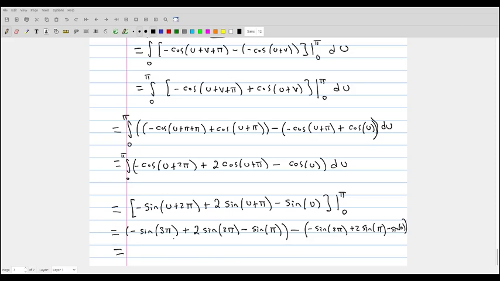And sine of 3 pi is 0, sine of 2 pi is 0, sine of pi is 0, sine of 2 pi is 0, sine of pi is 0, sine of 0 is 0.